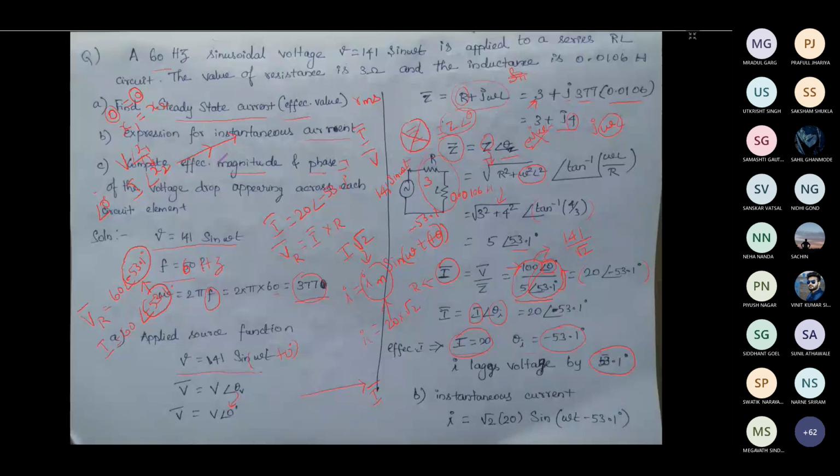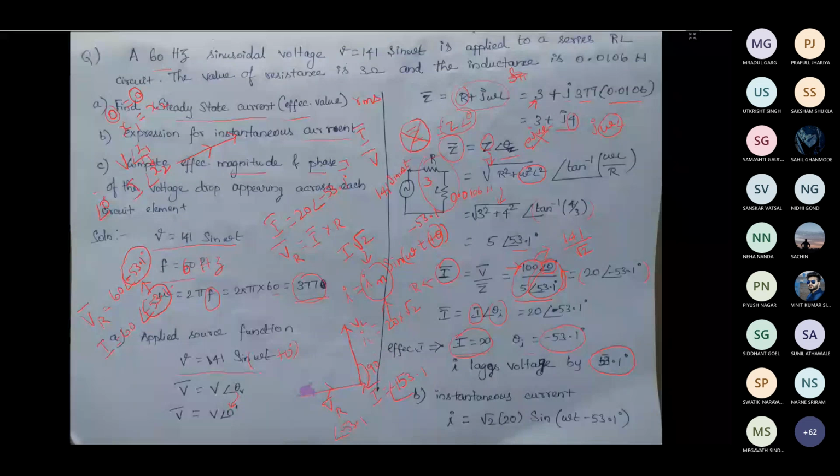So if you are drawing the phasor diagram, your voltage phasor will be here. This I has some magnitude with minus 53.1 degree. Similarly, this has some magnitude with minus 53.1 degree. Then the voltage across the inductor will be leading this current by an angle of 90 degree. So this is VL. That voltage always leads the current by 90 degree.